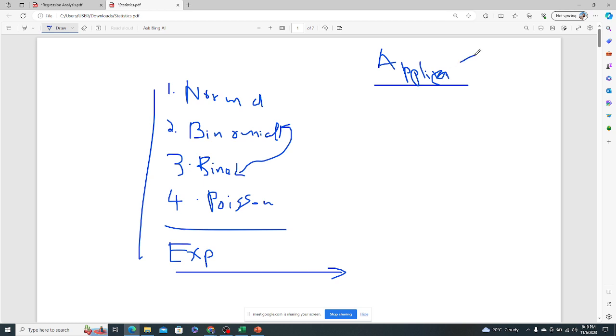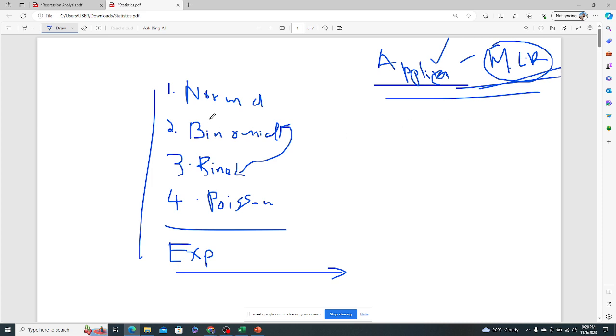Also check on multiple linear regression. You can go and check on these two: application of linear regression in real life, how you can apply linear regression in your workplace, and explore more on multiple linear regression.